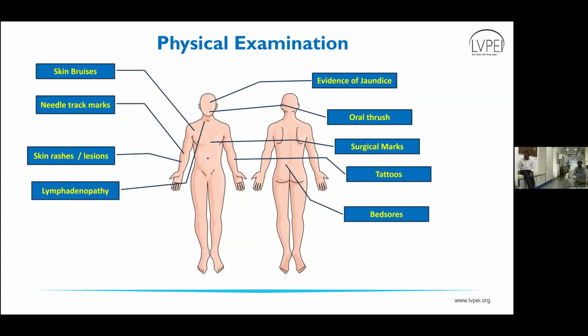Again, we can go back to the family members and ask what happened previously. For example, if you see any surgical mark near the chest, we can check whether the patient has undergone any heart surgery. Also look for any abdominal scars, any scars on the skull. All these will tell us some story of the disease, right?